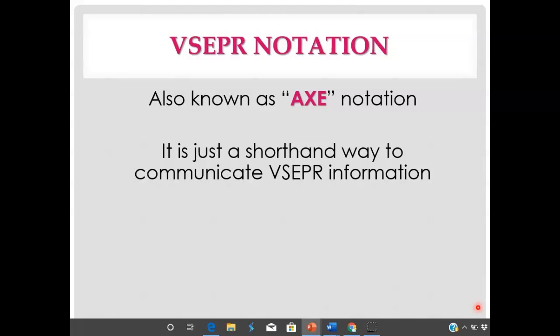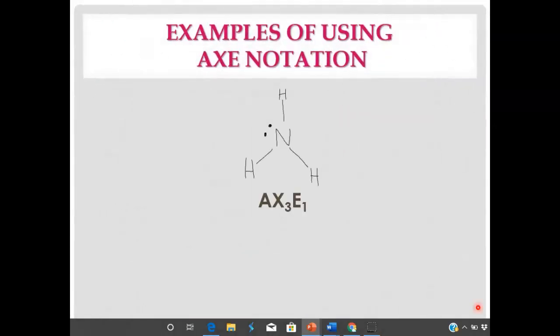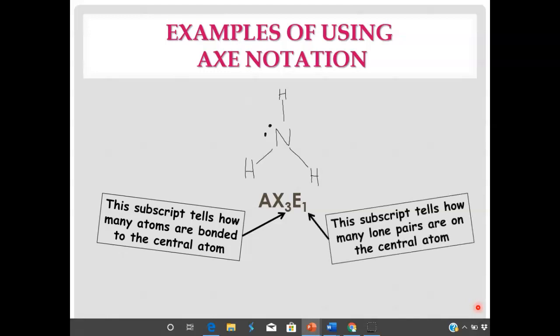The X is the number of bond domains, and the E is lone pairs, non-bonding pairs of electrons. So if you see this, the subscript tells us how many atoms are bonded to the central atom, A being the central atom. The E subscript tells us how many lone pairs are on the central atom.